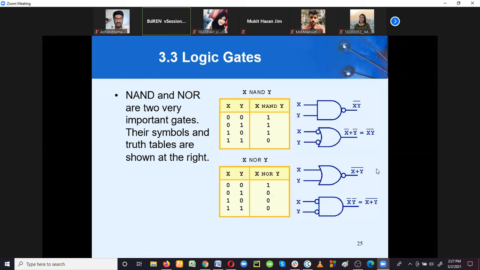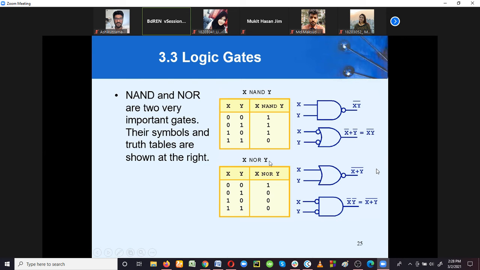Because this NAND gate is equivalent to this gate. Clear? So instead of this NAND gate, you can use this gate also. Applying the NAND gate, we get (xy) bar. If we apply x inverse plus y inverse, it is equal to (xy) inverse. Both are the same.